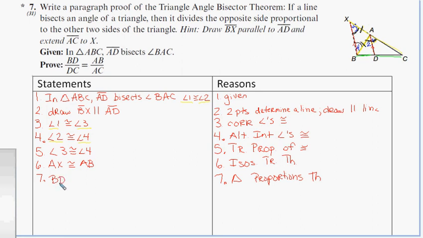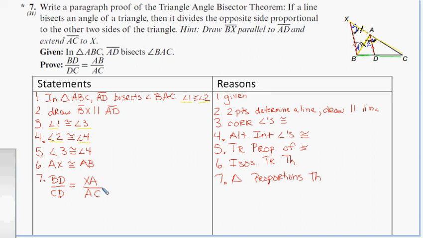BD is to CD as XA is to AC, okay? Now that whole idea there also has to do with the mid-segment theorem, right?